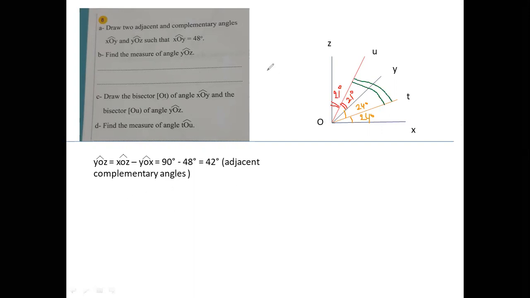So now it's very easy and quick to get the measure of the angle TOU. TOU is the sum of the two angles TOY and YOU. So TOU is TOY plus YOU.